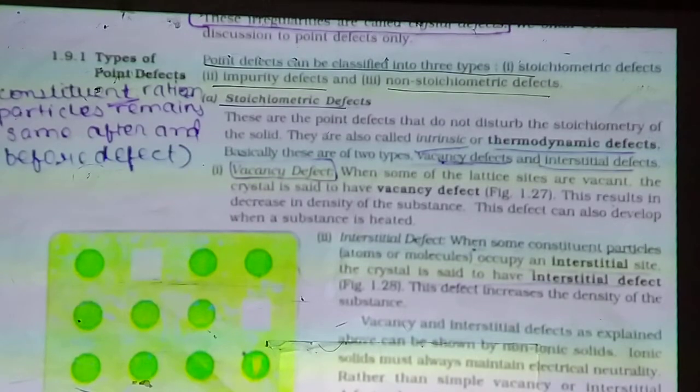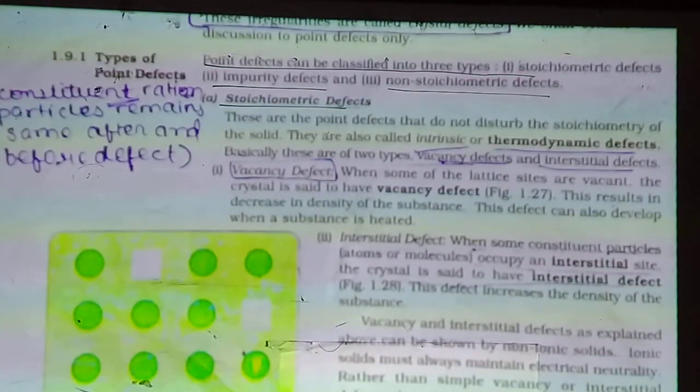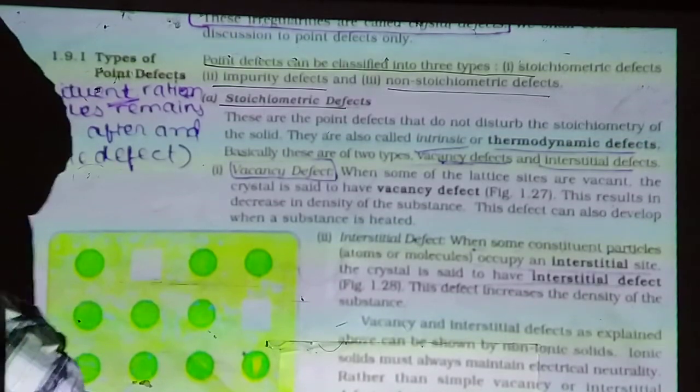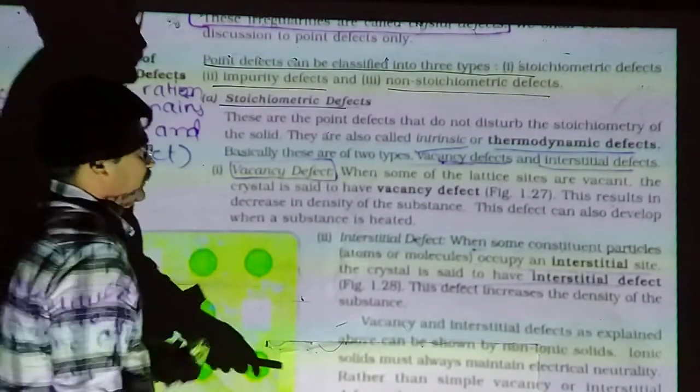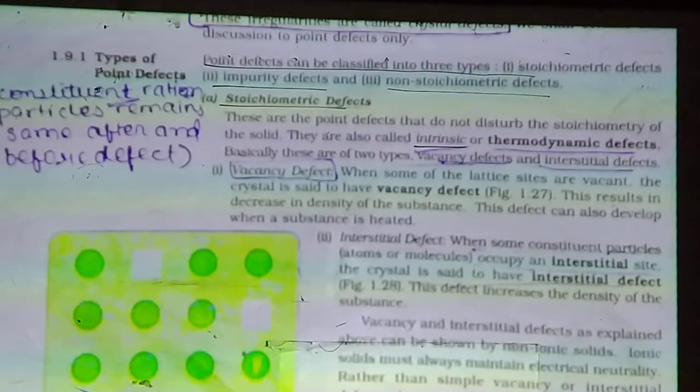These are the point defects that do not disturb the stoichiometry of the solid. The stoichiometry never changes before defect and after defect. These are also called intrinsic or thermodynamic defects. Due to temperature, so it is thermodynamic.